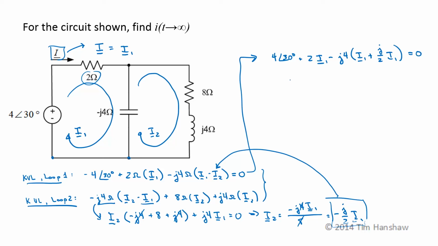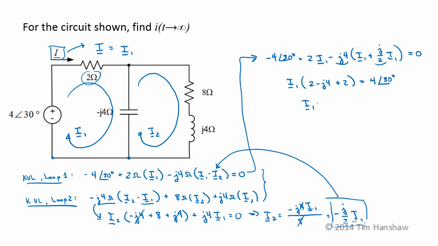So grouping my I1 terms, I1 times 2 minus J4, so minus J4 times J over 2, J times J is going to be minus 1, minus times minus 1 is 1/2, so this is going to be 4 over 2, so that's 2, is equal to, and I forgot a negative sign up here, 4 angle 30 degrees.